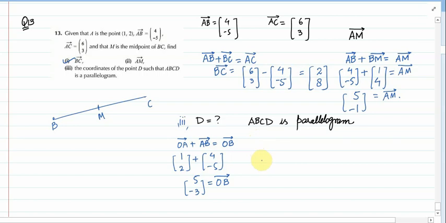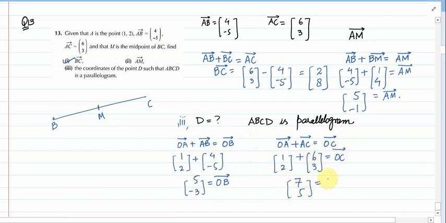Similarly, I can find OC here. OA plus AC is equal to OC. OA is 1 and 2. AC is 6 and 3. And I will get OC, so it will be 7 and 5. Alright.